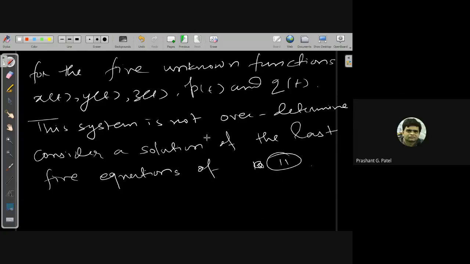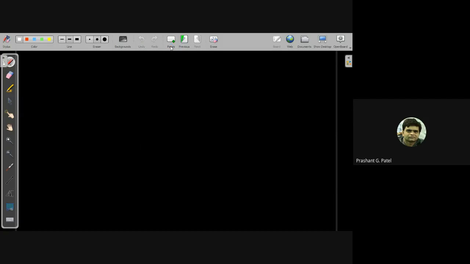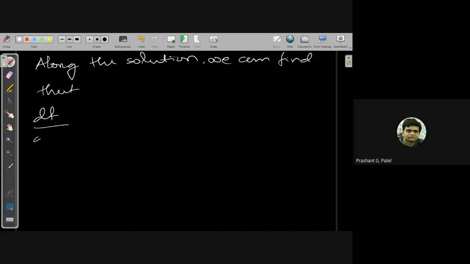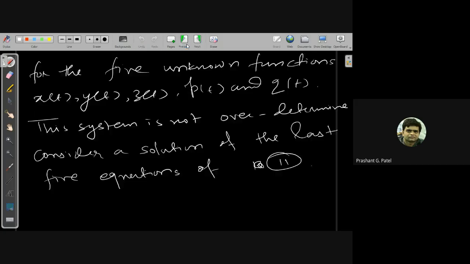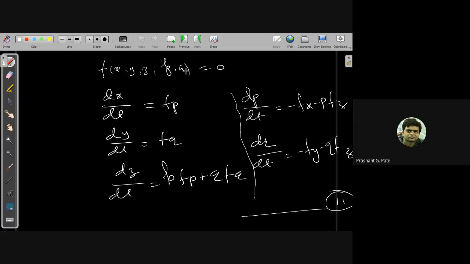Yes, what has happened? Along the solutions, we can also find the surface of the curve, that is, along the solution we can find what is df by dt. That means f is a function of x, y, z, p and q, and all of them are functions of t.